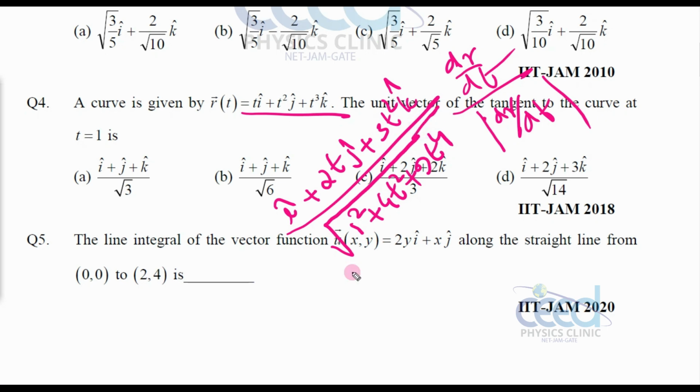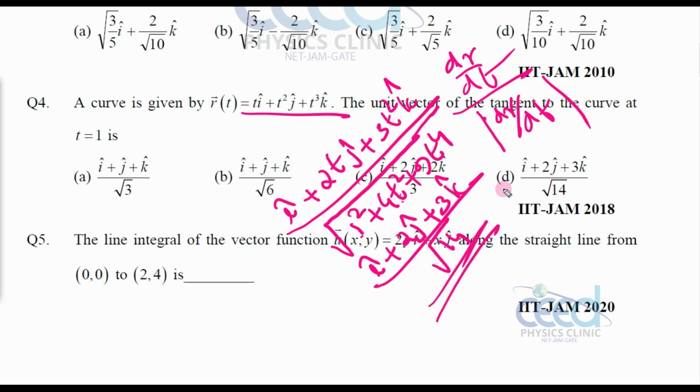At t equal to 1, that is i cap plus 2j cap plus 3k cap, divided by, at t equal to 1, 1 plus 4 plus 9, that is root 14. So this will be the answer. So option D is the correct answer.